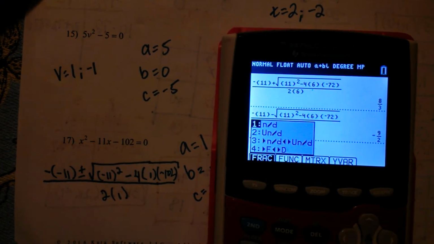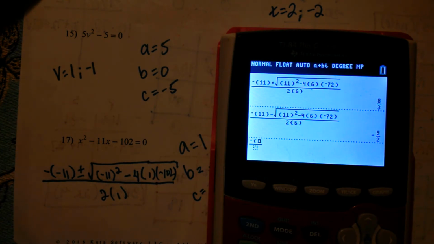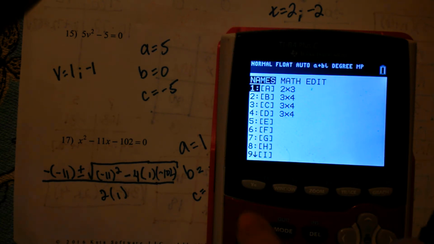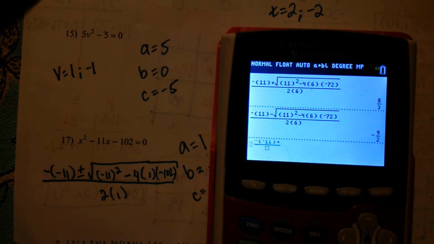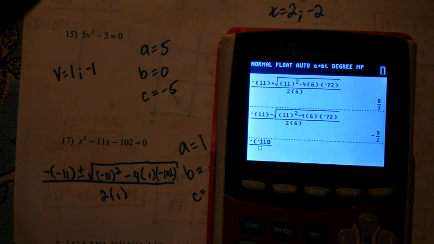So alpha y equals enter negative 11 plus second square negative 11 squared minus 4 times 1 times negative 102, then on the denominator 2 times 1.